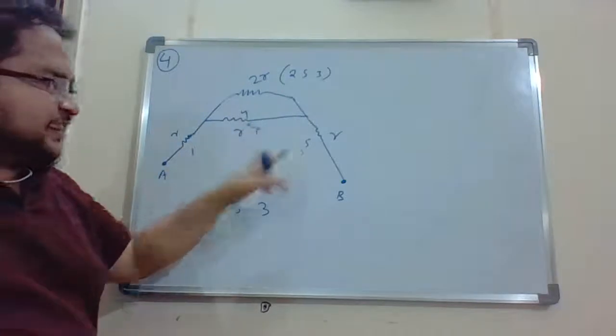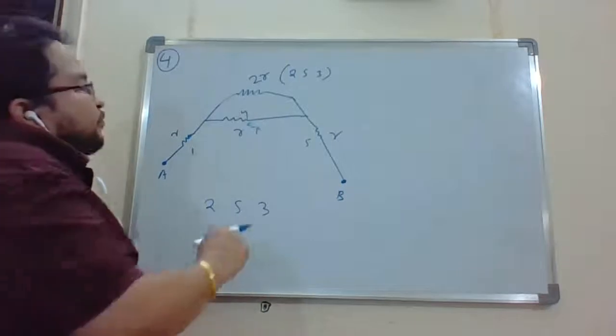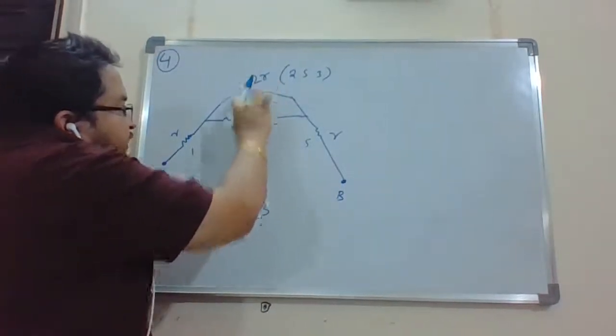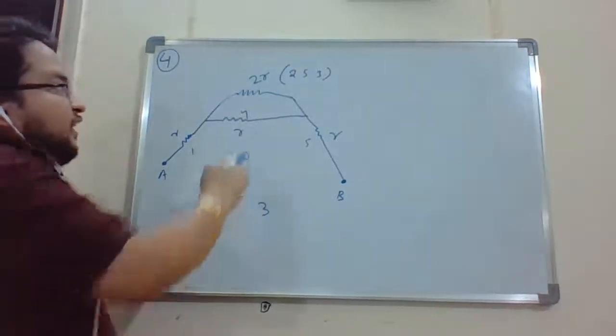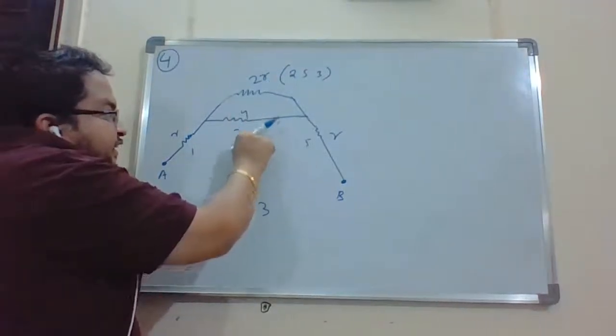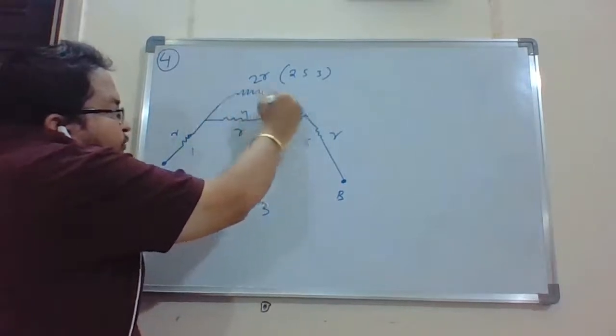Now, is there anything else in series? Again, no. But if you see now, these two are in parallel with resistor number 4, for the fact that by taking these two and only these two, I can complete a loop.